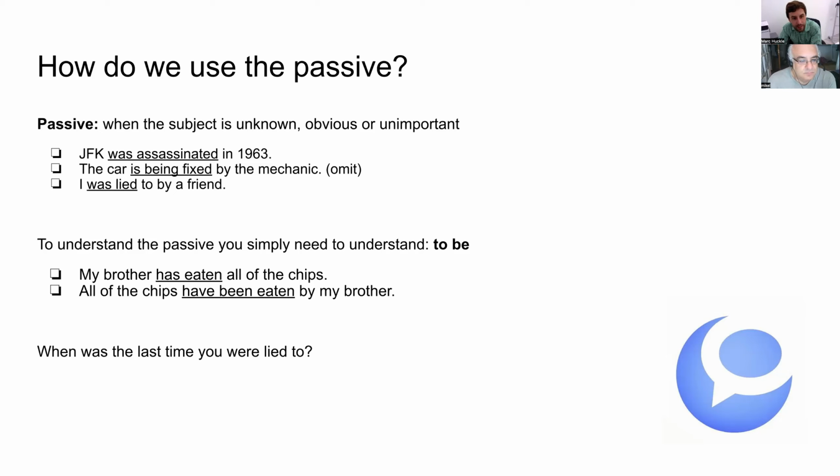Yes, in the second sentence, because the first one is the active, the second one is the passive. The first one is subject, grammar structure, then complements. This one you have complement, object, verb to be, participle, then subject.